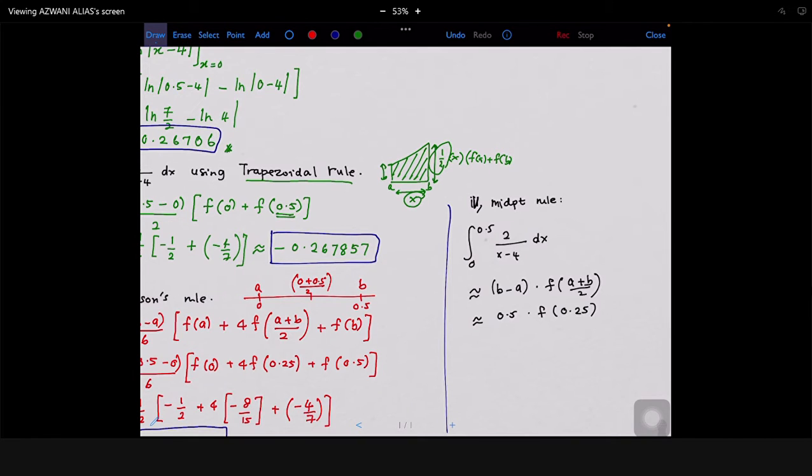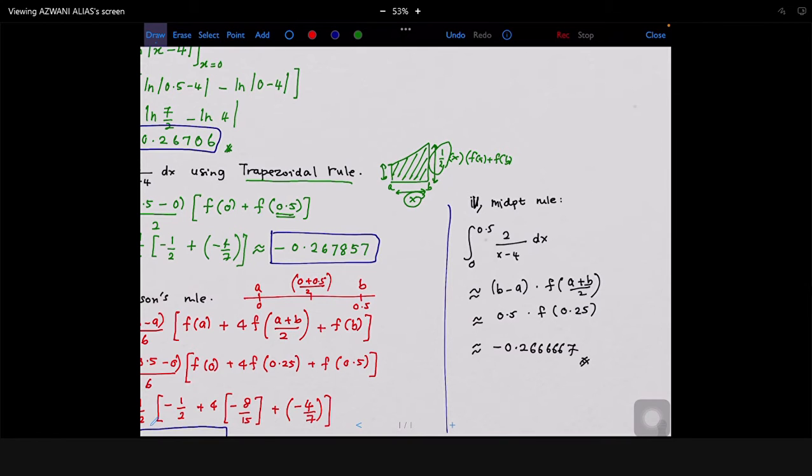Okay, so yang akan dapat negatif 0.266667. Okay, nampak tak? Dia lagi jauh menghampiri kepada exact solution. Jelas tak? Jelas?